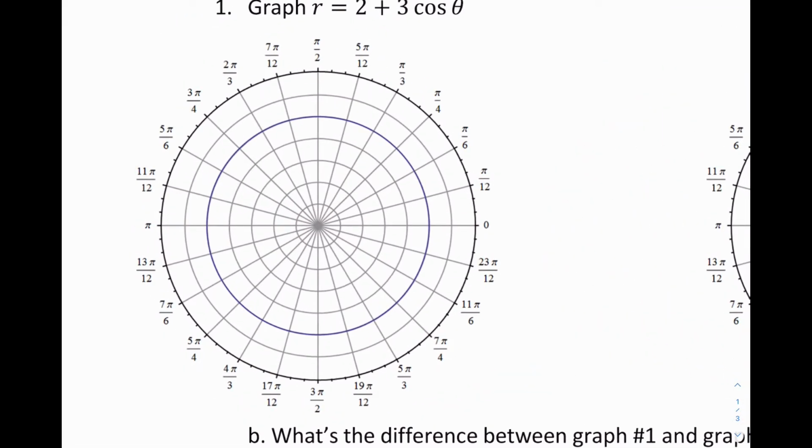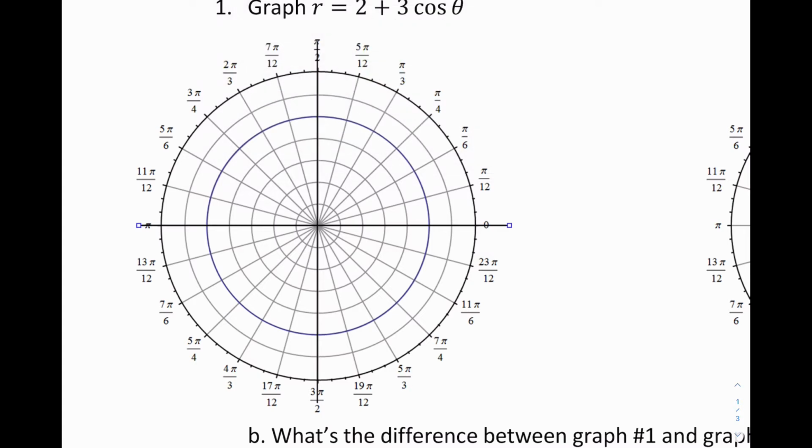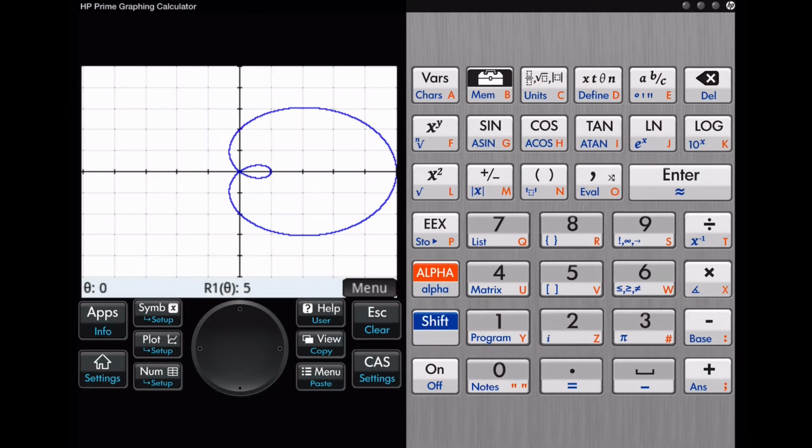So there was a loop at about, actually I'll draw this in to make it a little more clear. Here's our XY axis. If I go back to my calculator screen, let's take a look again. It's going out to about 5 units on the right. It's the origin.